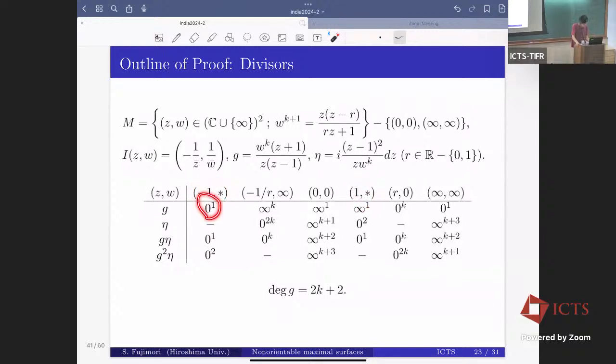So G has k plus 1 simple zeros and k plus 1 simple poles. And there is a simple pole and a pole of order k, a simple zero and a zero of order k. So we have k plus 1, 0, 1, 0, k zeros, so the degree is 2k plus 2.